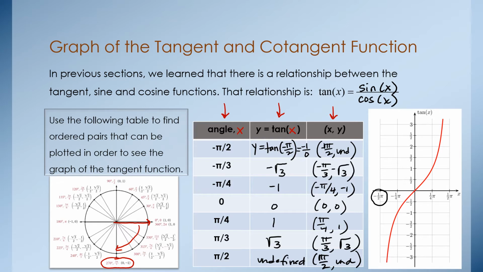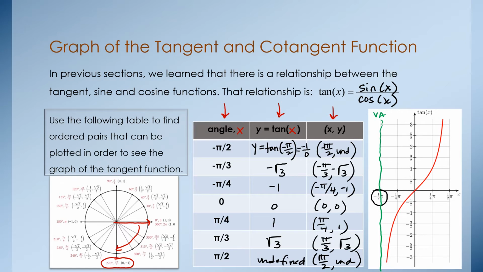And so you can see at negative pi over 2 that the red function isn't touching that. In other words, we see here that there is no output at negative pi over 2. So that represents a vertical asymptote, doesn't it? That represents a vertical asymptote at negative pi over 2.